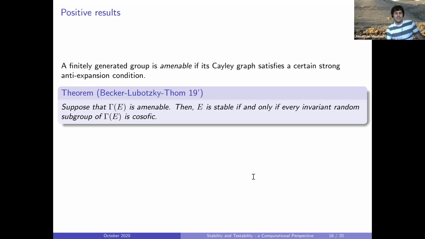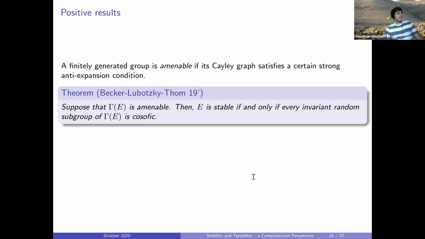It's the opposite of an expander. And there's a result by Becker, Lubotzky, and Thom that characterizes, among the amenable groups, all the stable ones.